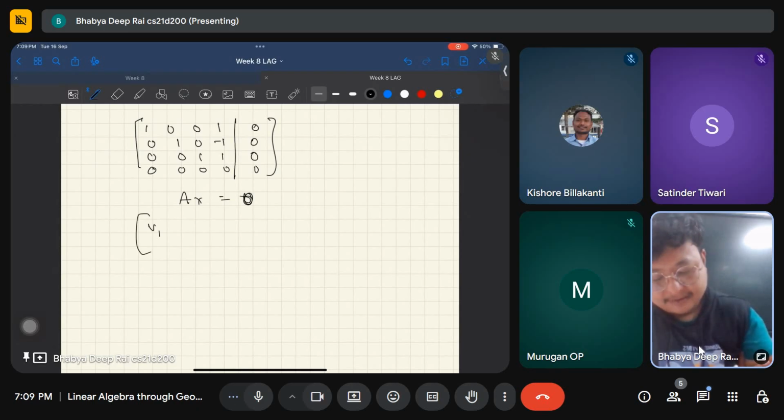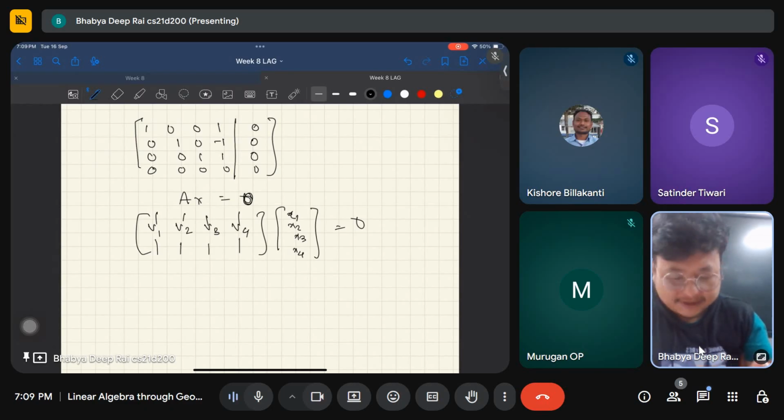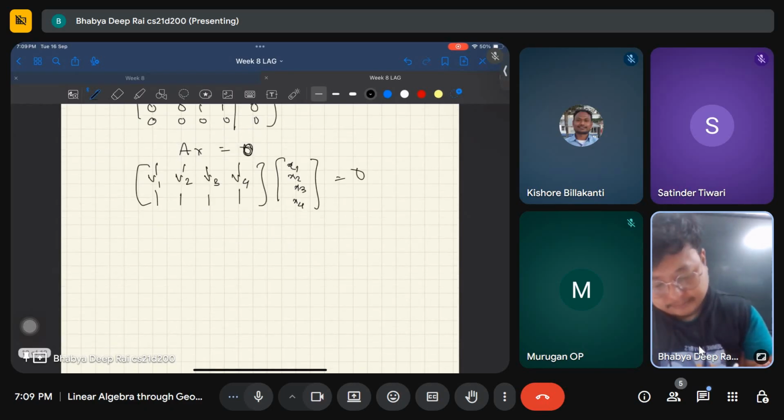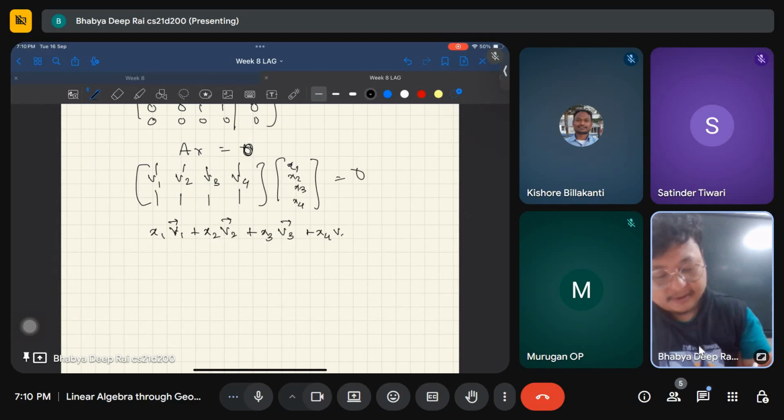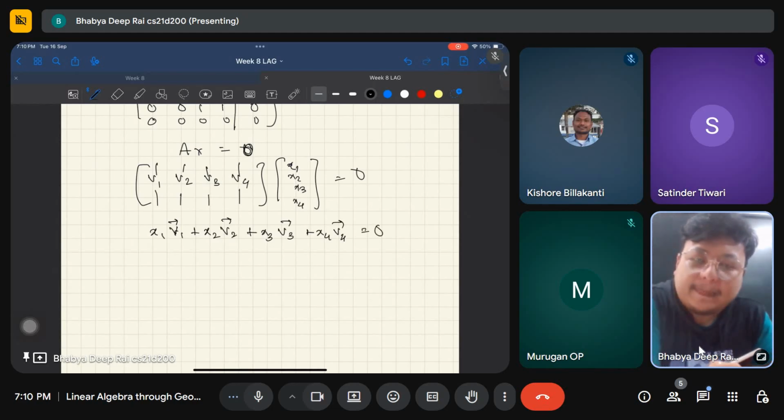A is just v1, v2, v3, v4 times x1, x2, x3, x4. Which simply means that it is that linear combination using scalars x1 v1, x2 v2, x3 v3, x4 v4 equals 0.